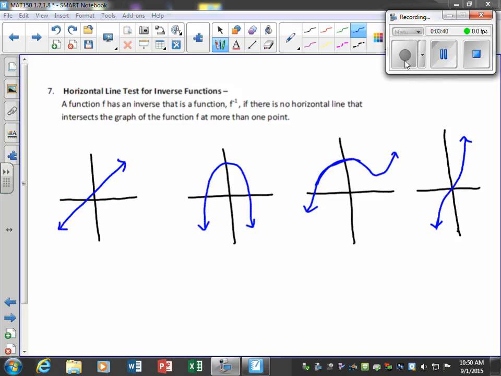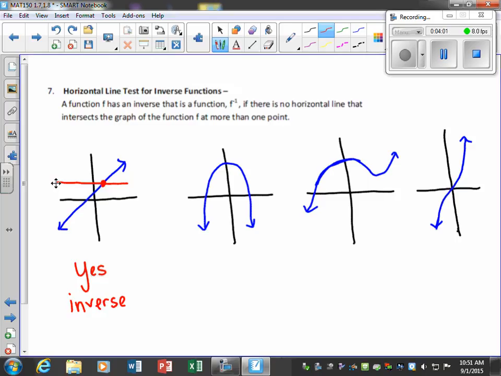Okay, so the horizontal line test says we can draw a horizontal line anywhere, and it should only cross our function once. Then we would say yes, this has an inverse. What about our second one?